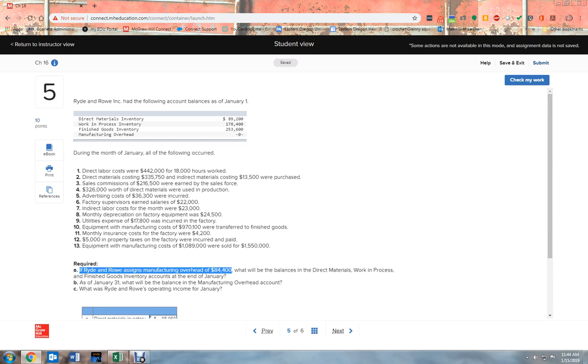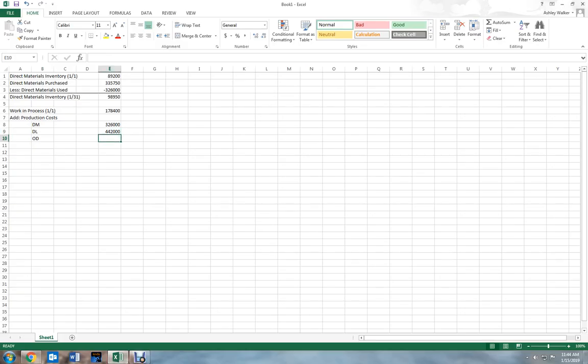It's in the if Ride and Row assigns manufacturing overhead part. Sometimes you have to hunt through these problems to find the information you need. Make sure you don't leave something out, and that you've analyzed the problem and gotten all the components. So now I have 84,000, actually it's supposed to be 84,400.